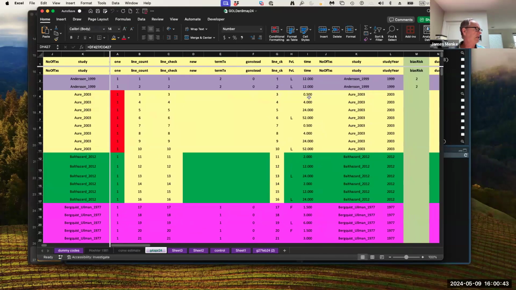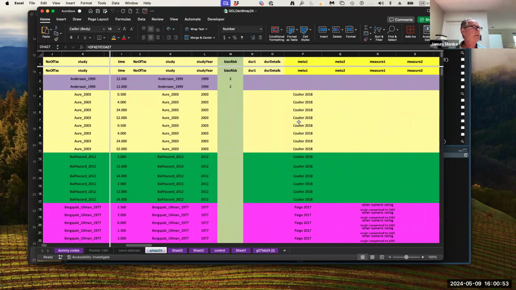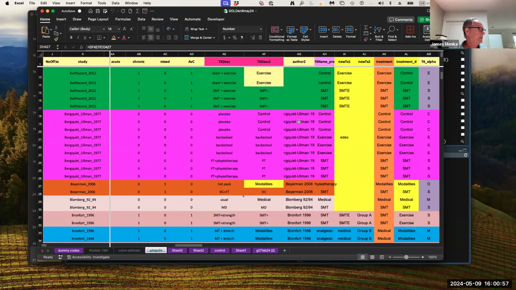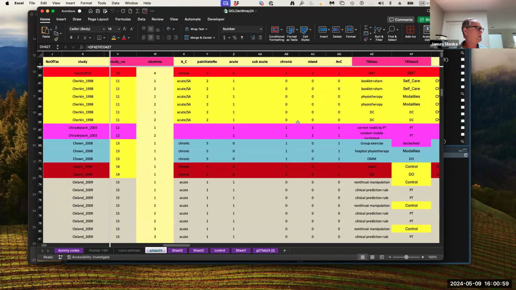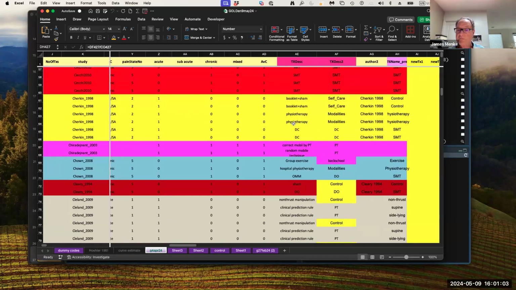It's an Excel sheet, actually. I've been building it for almost 20 years. It's precious. And I use a lot of color and I keep refining it. I find little errors in it. But each one of these rows represents a treatment arm.